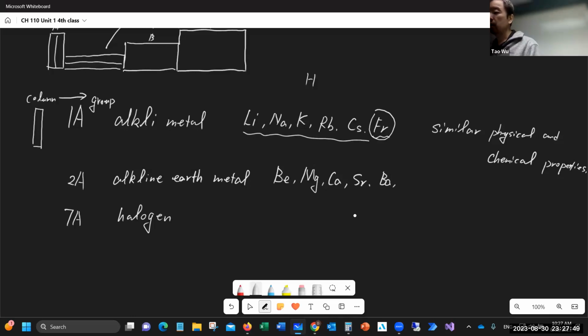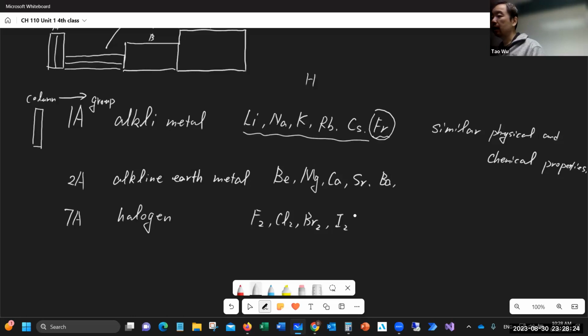So we have fluorine gas, chlorine gas, and then bromine. Bromine is a liquid at room temperature, and iodine is a solid at room temperature. So we have those halogens. Again, they're grouped together as they have similar physical properties, which means they're all diatomic, and they also have similar chemical properties.